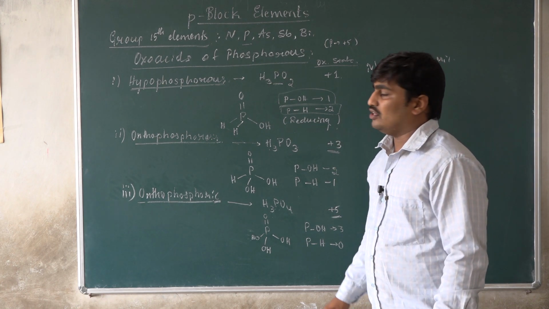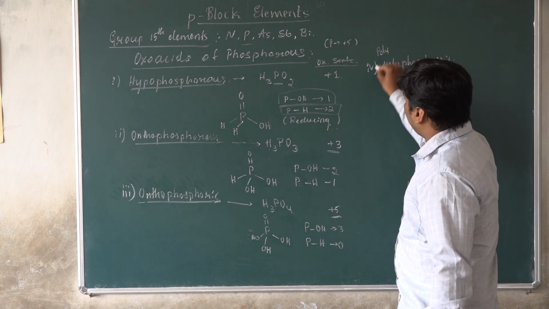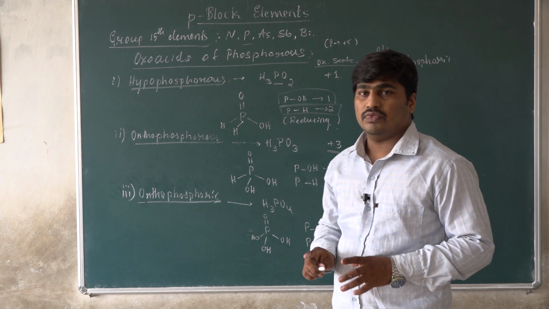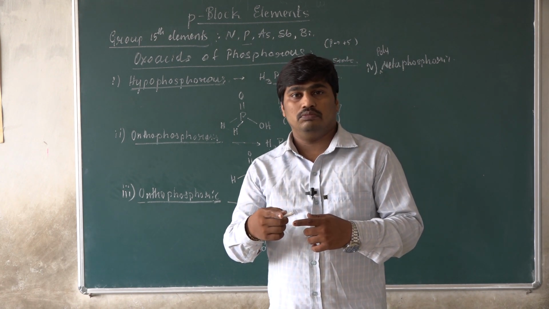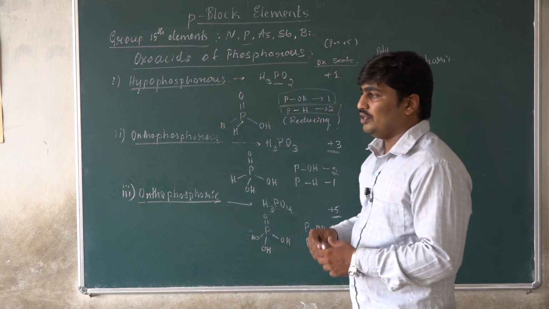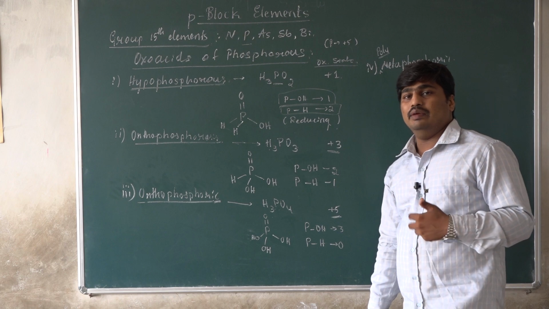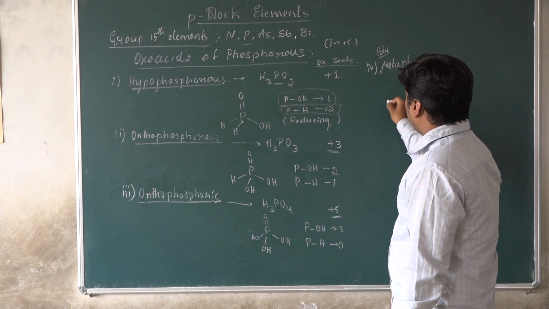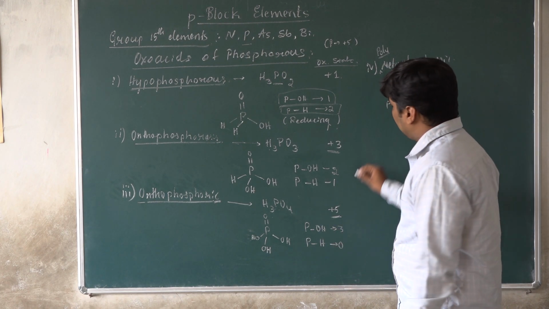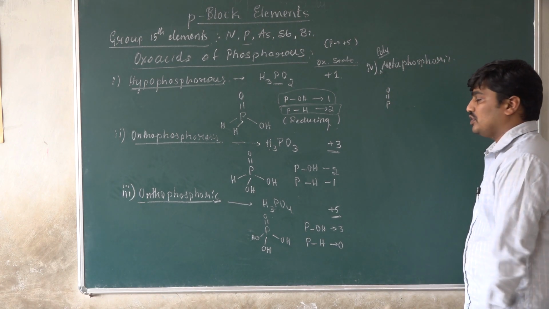This metaphosphoric acid is also known as polymetaphosphoric acid, because in a few cases it undergoes polymerization to form a polymeric chain. So we use the word poly. Phosphorus is in the center, and it is very easy to write the structure. Clearly observe the structure.